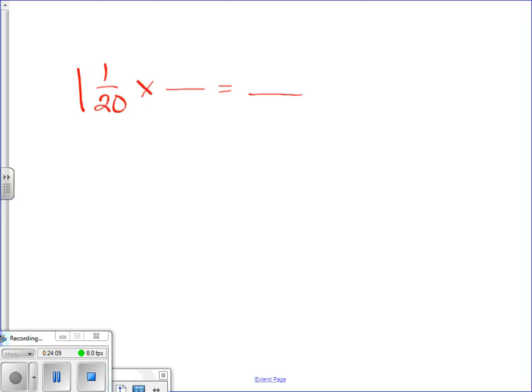I don't need it right now. The only thing that I really need to worry about is my fraction. This 1 whole is like $1. It's not part of a fraction. It's already the whole. I do need it, but I don't have to mess with it. So as part of my answer, I can just put it right there.